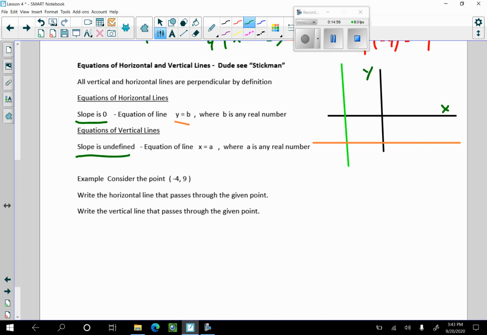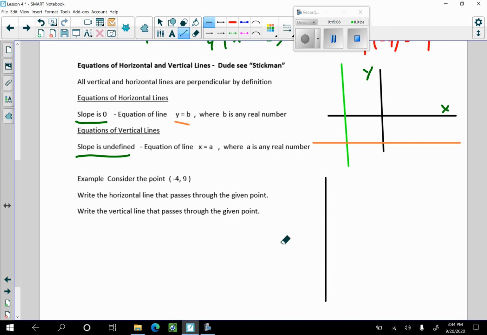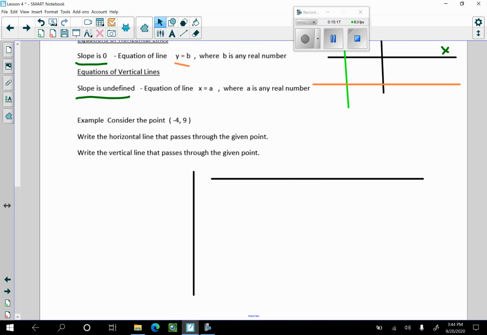All right, so I have this point right here, (negative 4, 9). I want to write the horizontal line that passes through the given point and write the vertical line that passes through the given point. So let's come up with an XY coordinate axis. We're going to just do that in black here. And I want the point (negative 4, 9). Let me change the axes around a little bit. Make it down here.